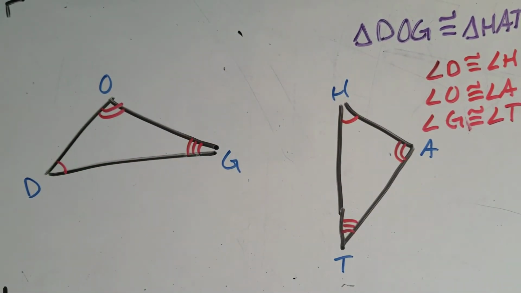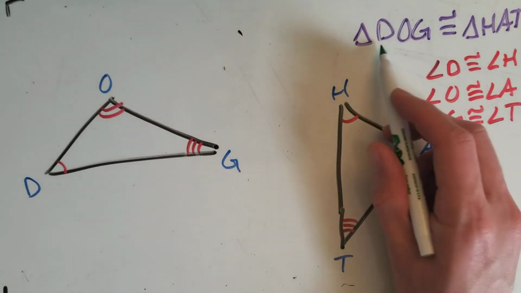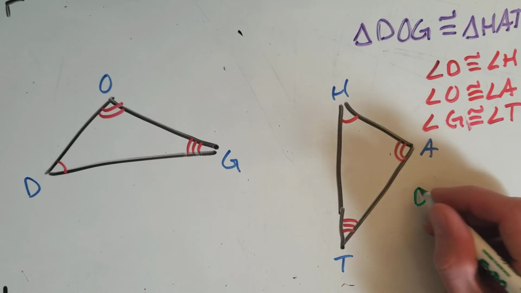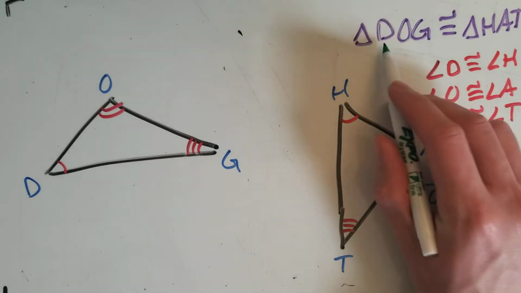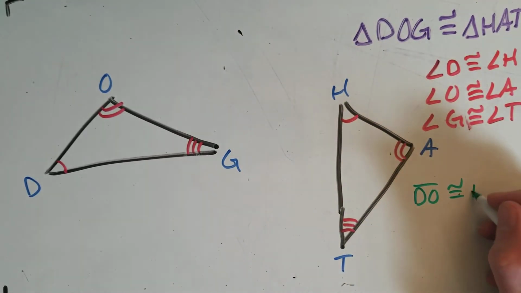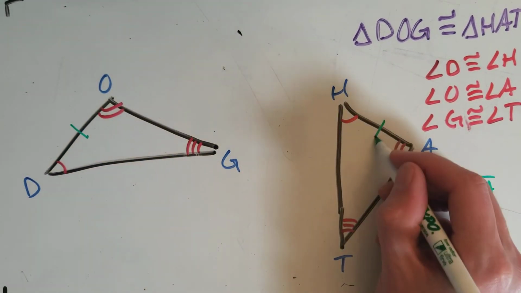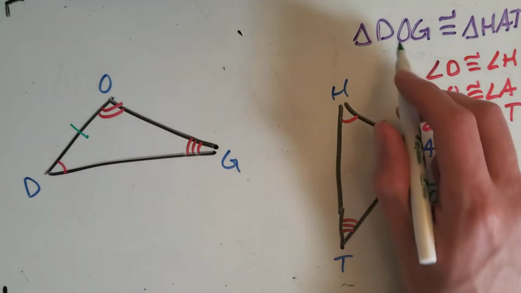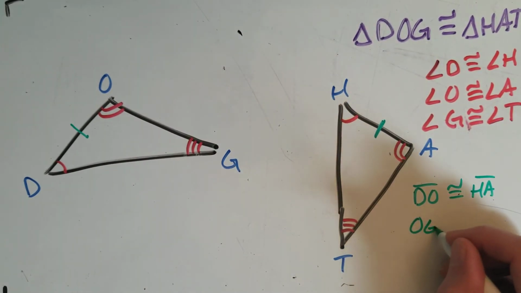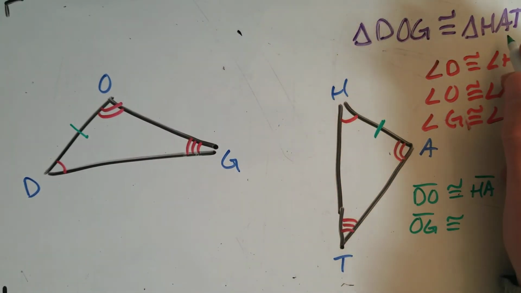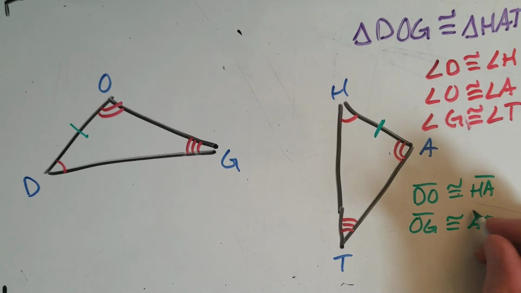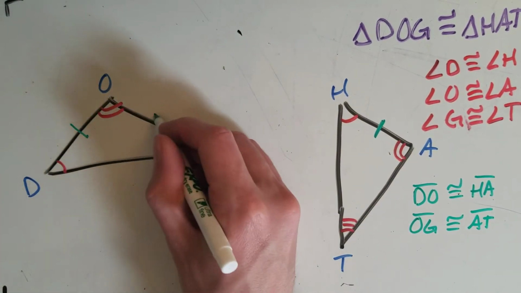And let's go in green. Let's do the sides. I'll put them down here. DO, so that segment DO is going to be congruent to HA. They both get 1 marking. OG is going to be congruent to AT. So OG, I'll put 2 markings here.